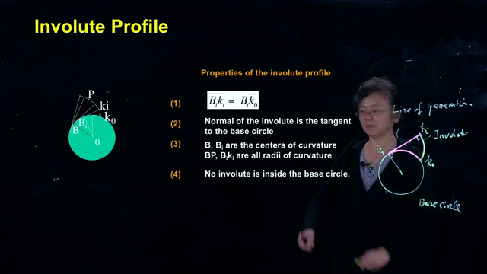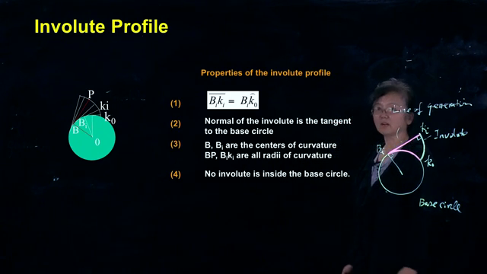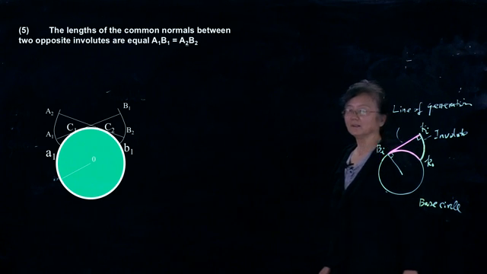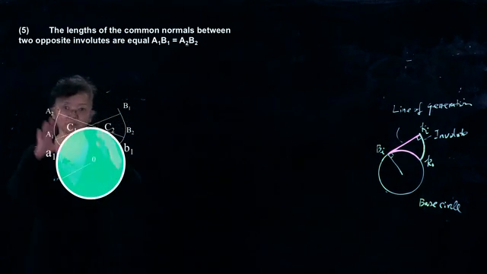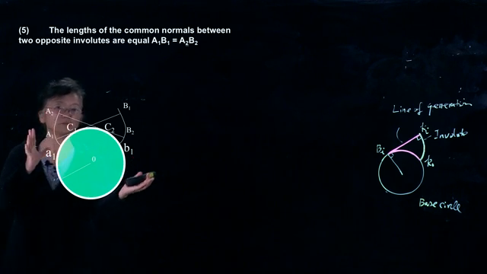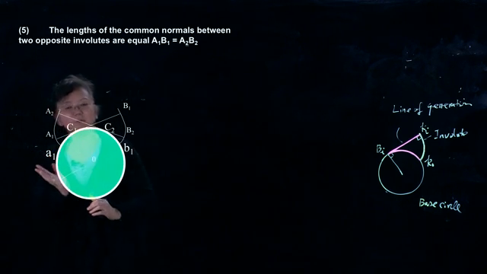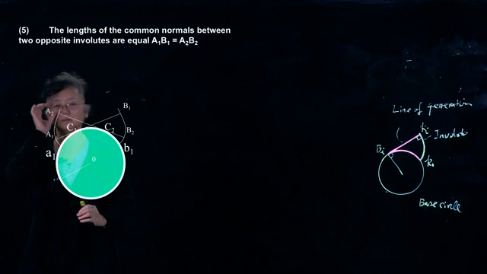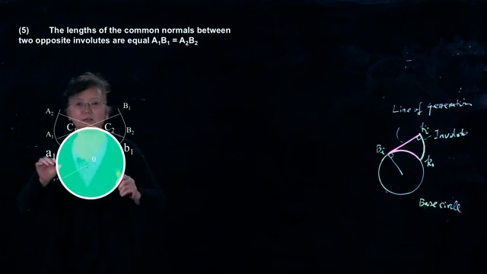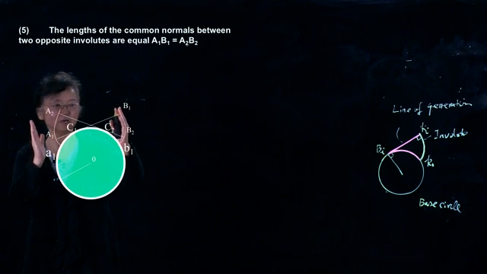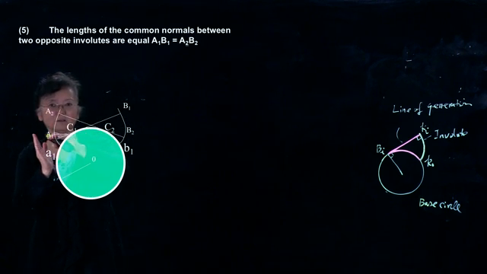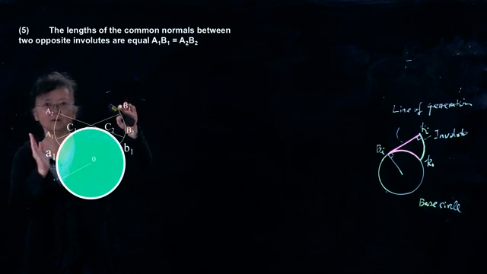So four properties. We can have a couple more. Okay, the fifth one is that we have a base circle. We can make an involute on this side. We can also make another one in the opposite direction, so the opposite side. And then we can draw the common normals of these two opposite involutes. As currently you see, this A1, B1, and A2, B2.